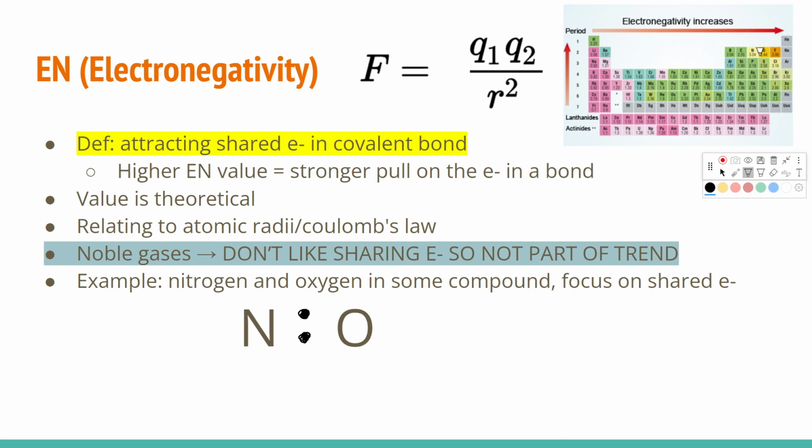Now, oxygen has more protons, so this shared pair is going to go more towards the oxygen. If I have more protons, think of Coulomb's law, I'm increasing that Q value, so that means I have a more attractive force between the electrons here and the oxygen versus the nitrogen. So my attractive force is going to increase on that oxygen, and it's going to decrease the distance between the electrons and this oxygen.